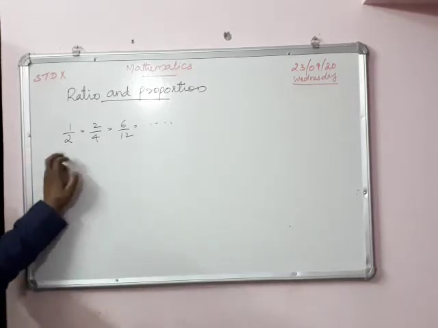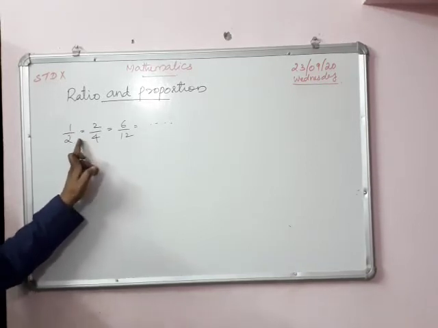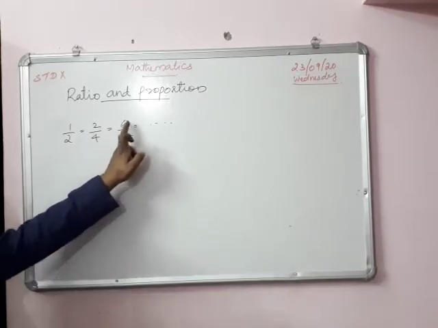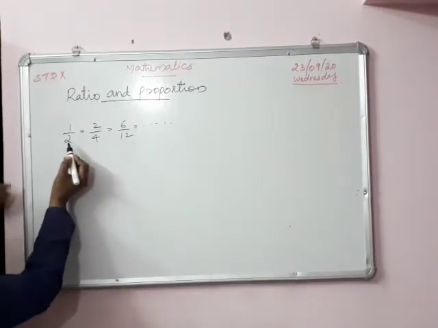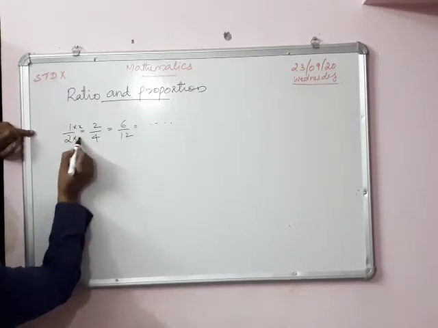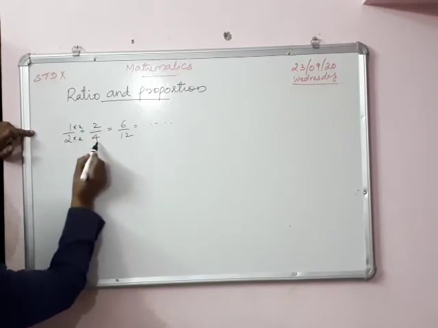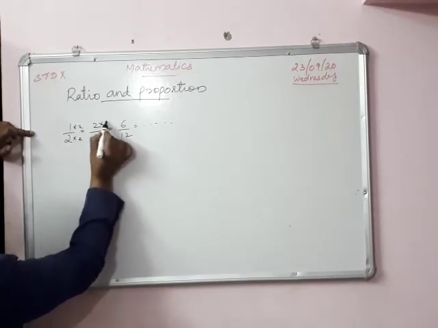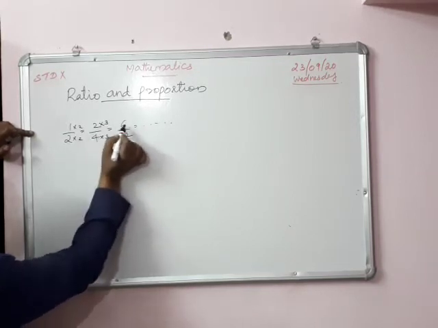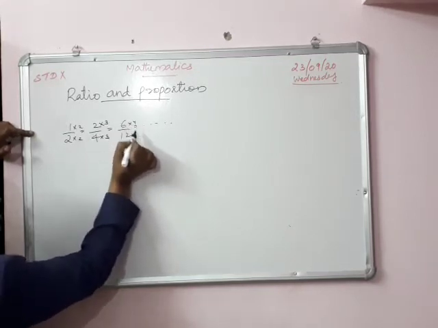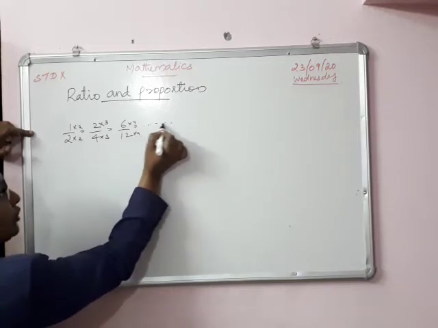Continued proportion. Here you see 1 by 2 is equal to 2 by 4 is equal to 6 by 12 is equal to, etc. Here 1 by 2, I multiplied with 2. Then it becomes 2 by 4. Then I multiplied with 3, numerator and denominator with the same number. So 6 by 12. Suppose it is into 4, it will continue.